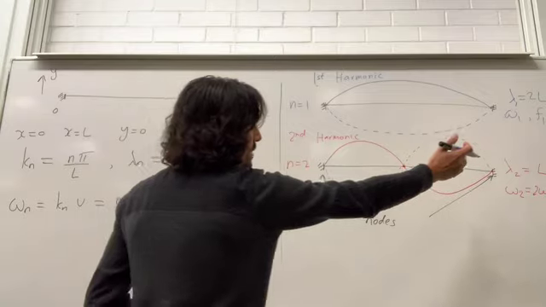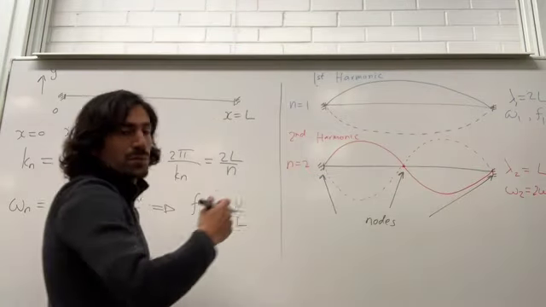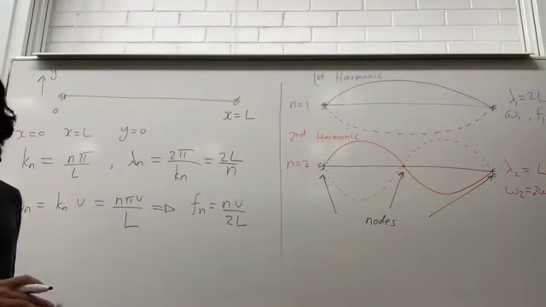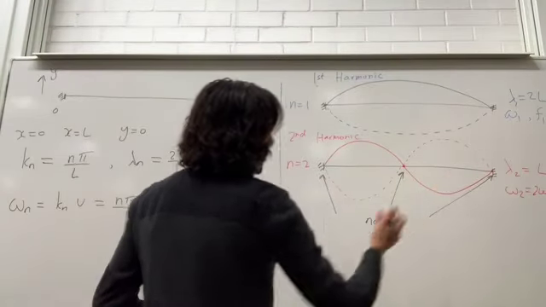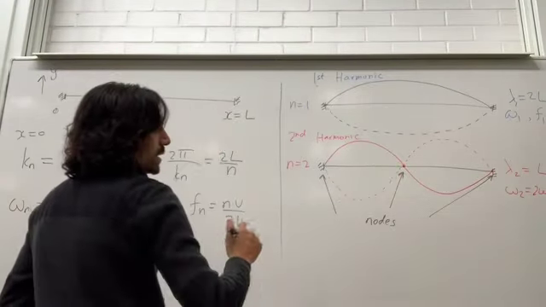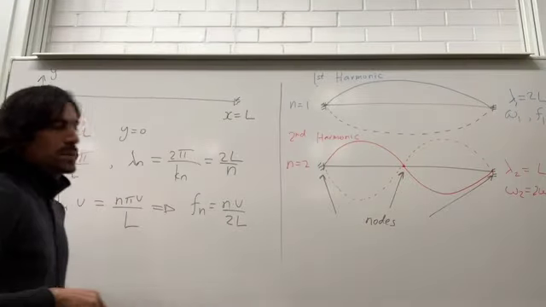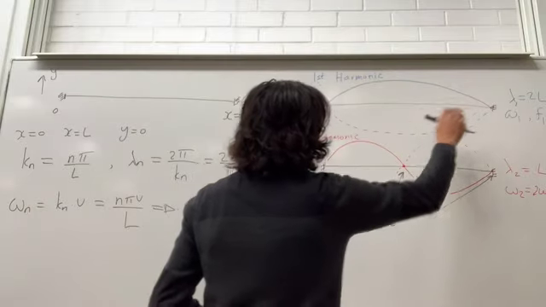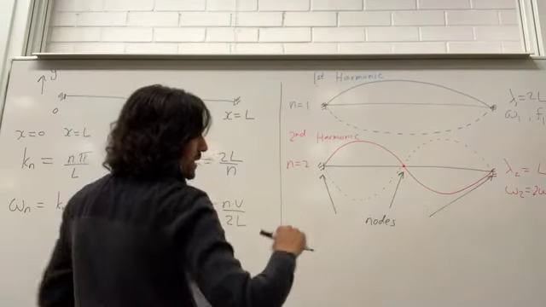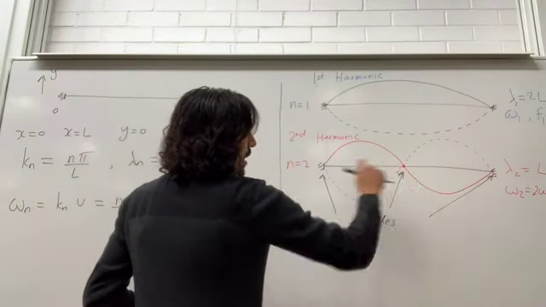The higher frequency we have, the more nodes we would have. In fact, you can already think of how many nodes either inside or in total. So here there are no nodes in the middle. There are 2 on the side. And here we have 1.